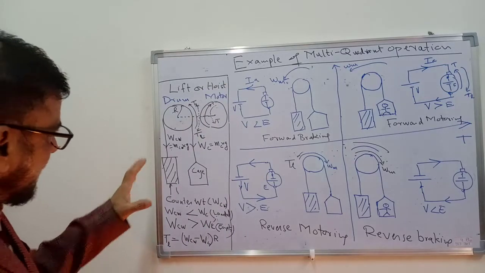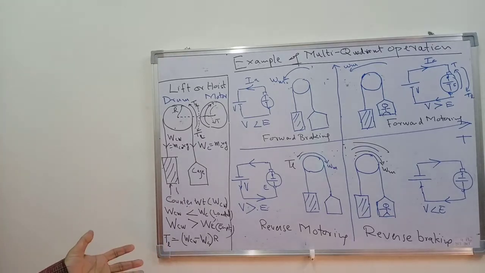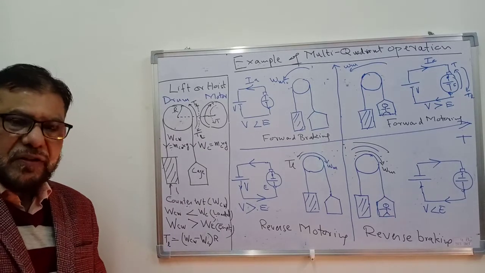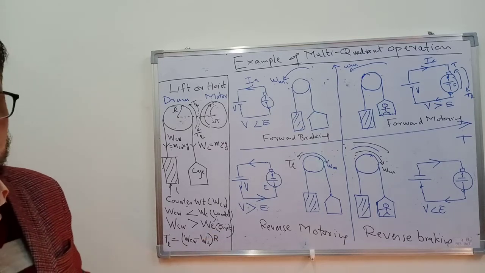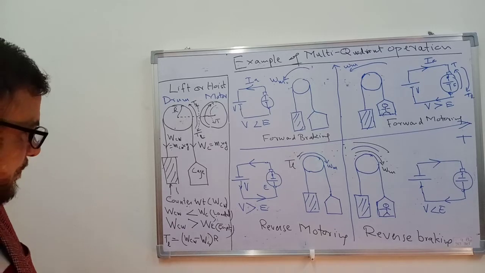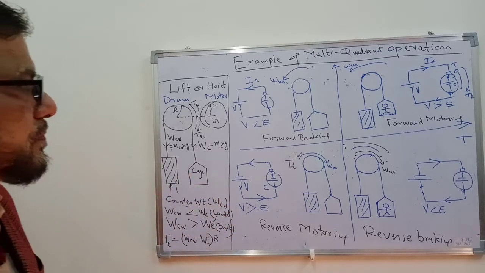So this is one example, and in various situations we have to operate in the first quadrant, second quadrant, third quadrant or fourth quadrant of the speed torque plane. So this I will just explain.